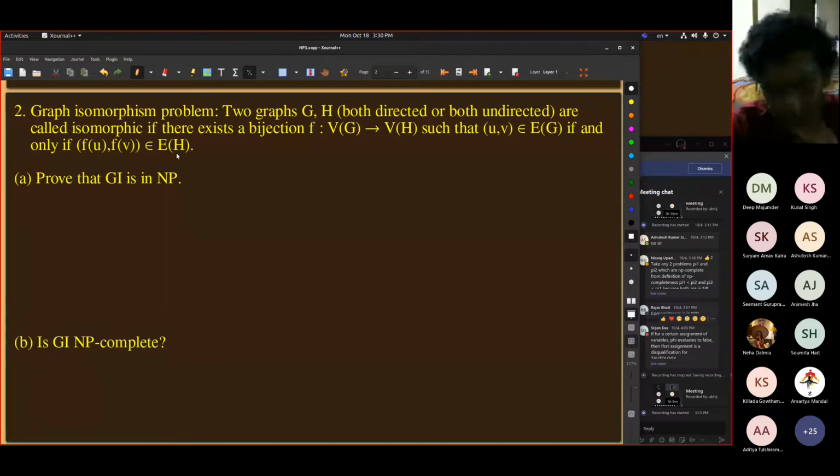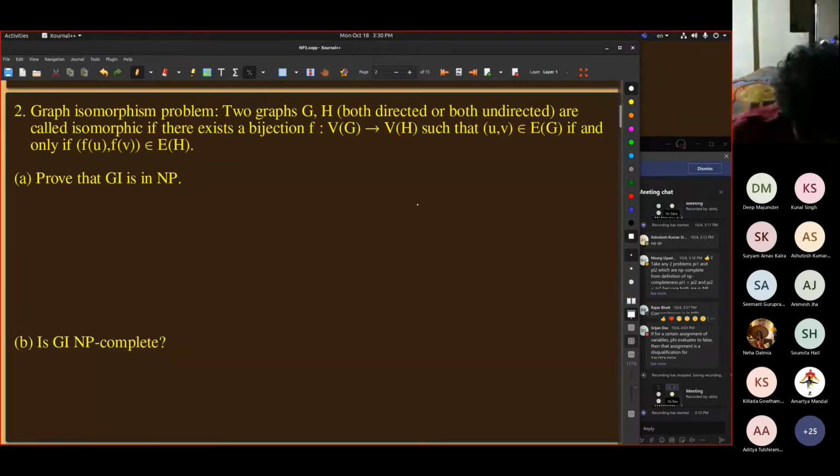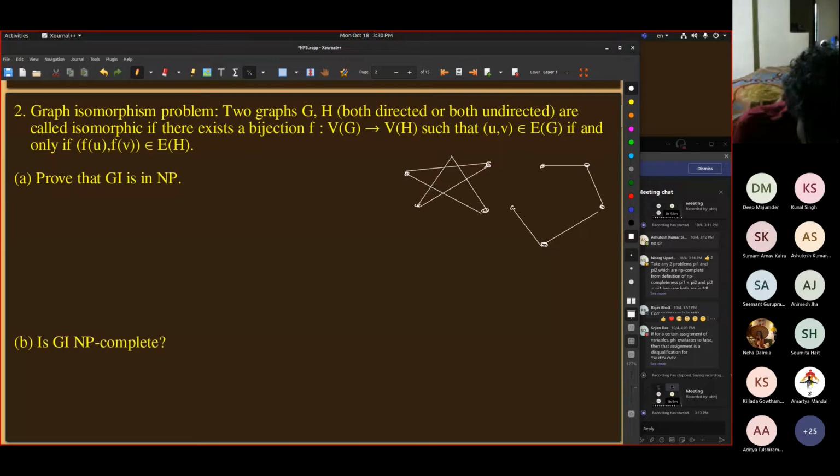Okay. So for example, if you look at this graph, something like a star-shaped graph, and this is basically a 5 cycle. So 1, 2, 3, 4, 5. These two graphs, although they look somewhat different, they are isomorphic.